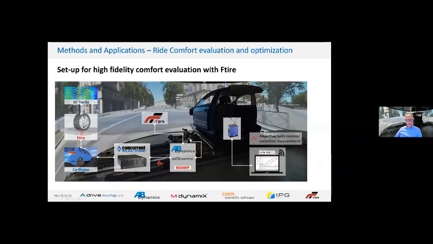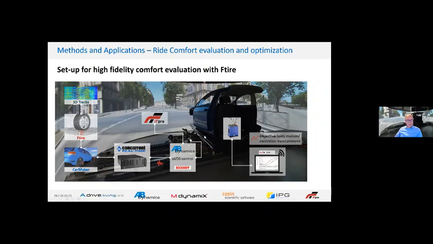In the meanwhile, F-Tire can be run in real time, but you need a high performance machine like a Concurrent, where you distribute your different tires on different cores and connect that with a vehicle model. In our case, for the first test we connect that with CarMaker, but we also have a version where we connect that with a multi-body model from Simpack with about 100 or 120 degrees of freedom, to calculate the vehicle motion.